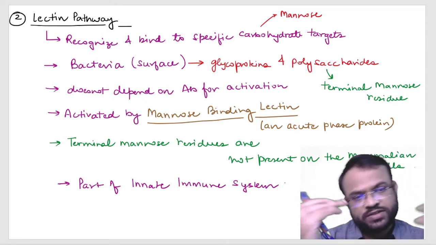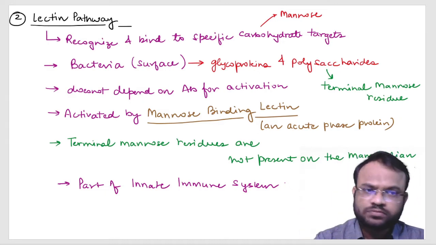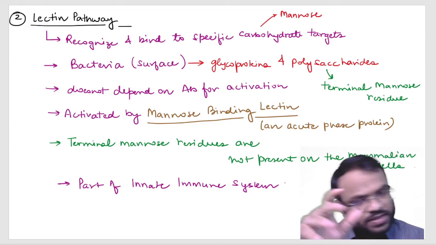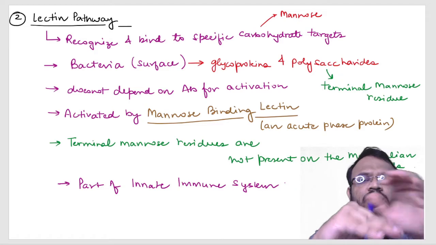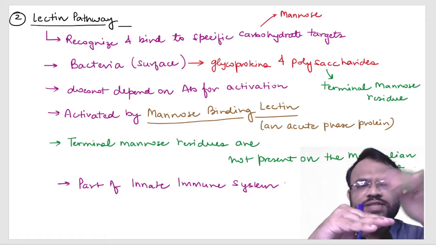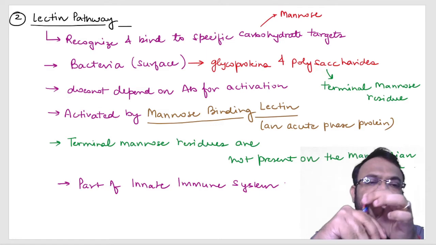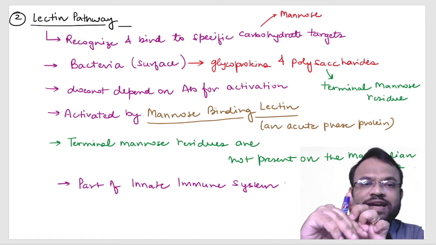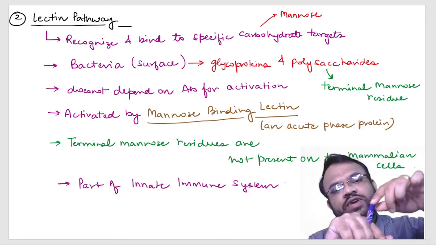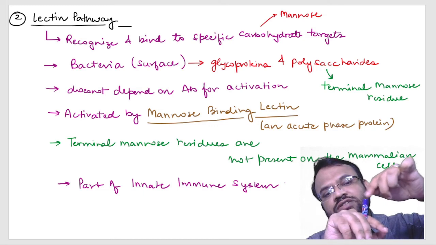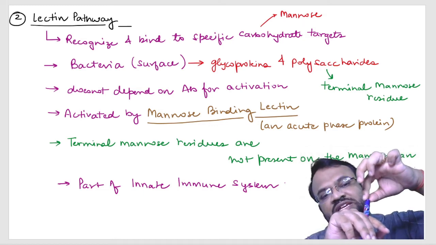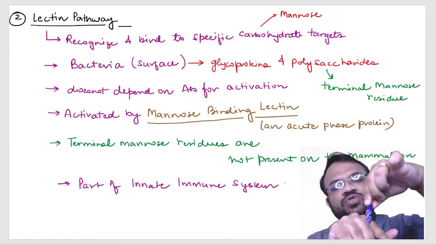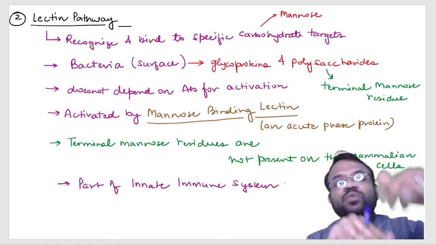Now what are carbohydrates? It can be glucose, galactose, or mannose also. Okay, so understand this: whenever on the surface of the bacteria polysaccharides or glycoproteins are present, and the last residue of this glycoprotein or polysaccharide is mannose, suppose this residue over here is mannose, then what will happen?